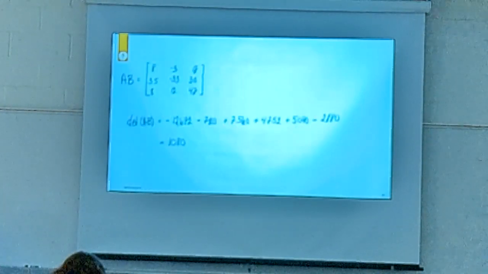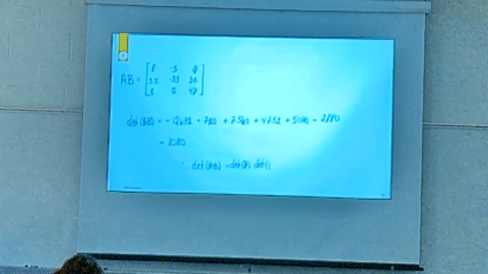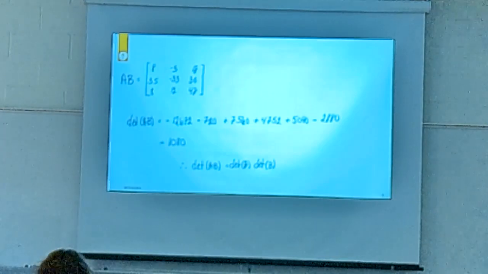So that property's been verified. Is that a general thing? Yeah, that is actually true. I think I prove it in the next video when we look at row operations and determinants.